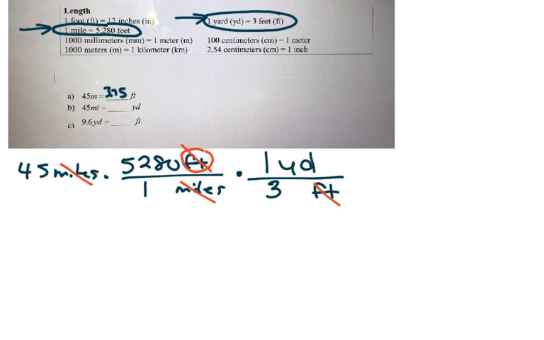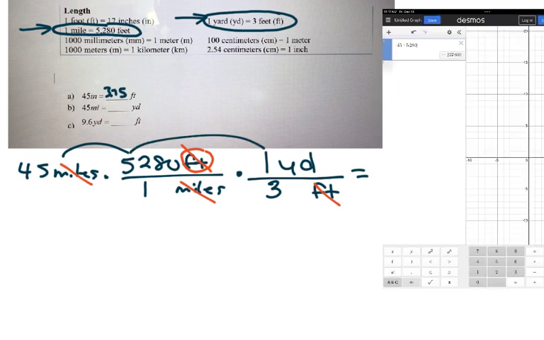So now that we have that, we can multiply across the top here, 45 times 5,280 times 1. And we can see on Desmos that that answer is quite large, 237,600. And multiplying our denominators, 1 times 1 times 3, we get 3.